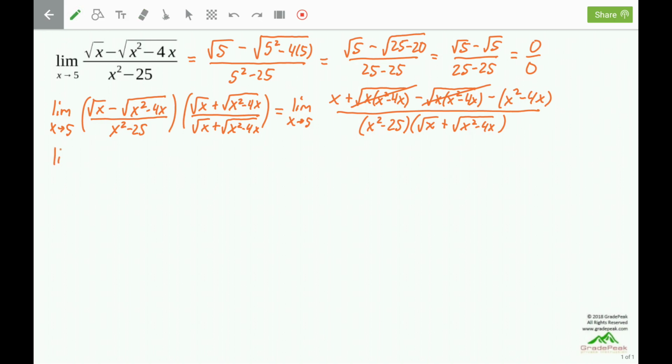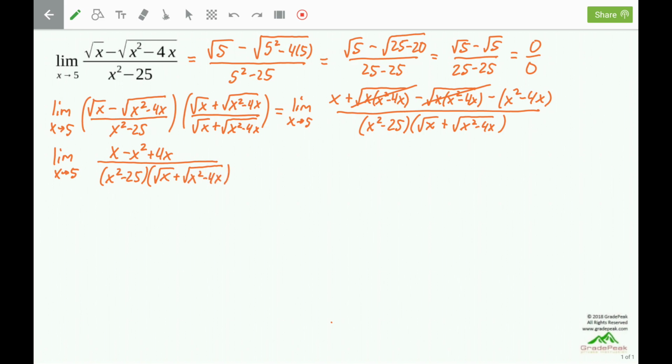So we have limit as x goes to 5 of x minus x squared plus 4x, divided by x squared minus 25, times the root of x plus the root of x squared minus 4x.